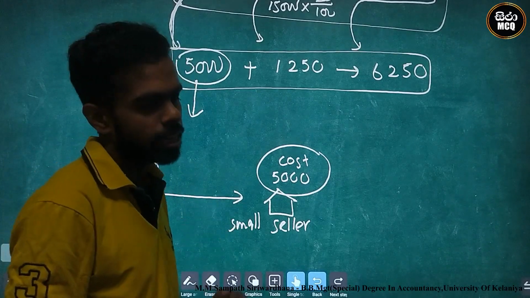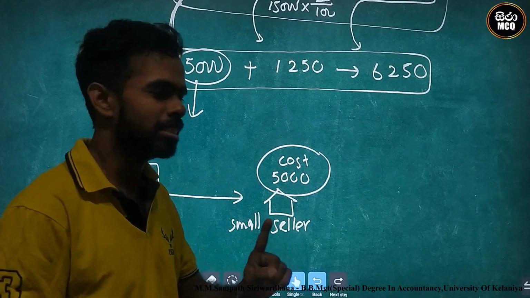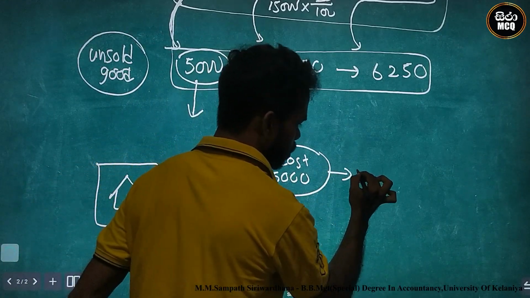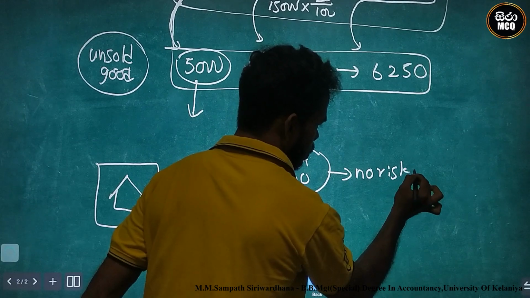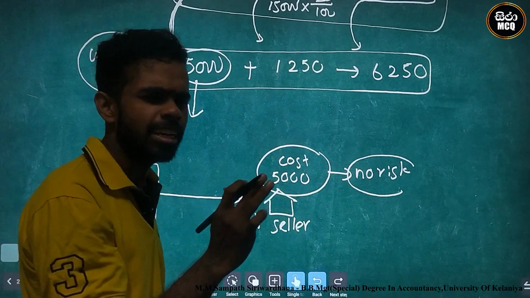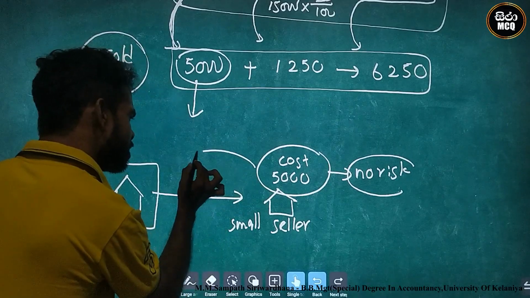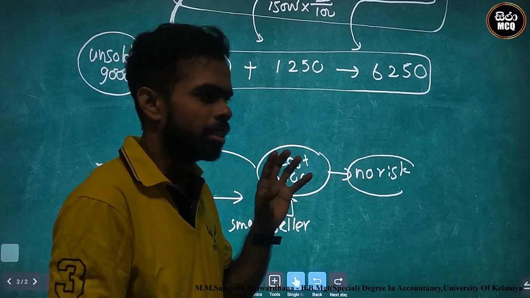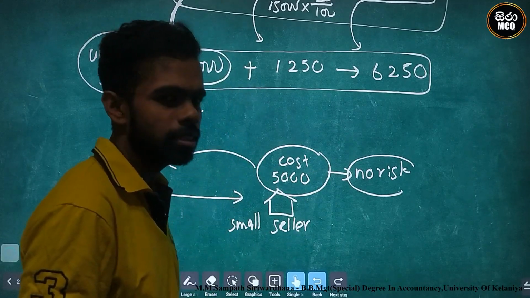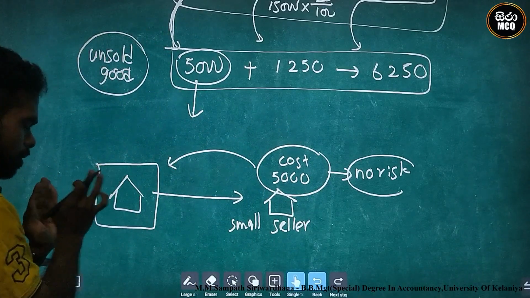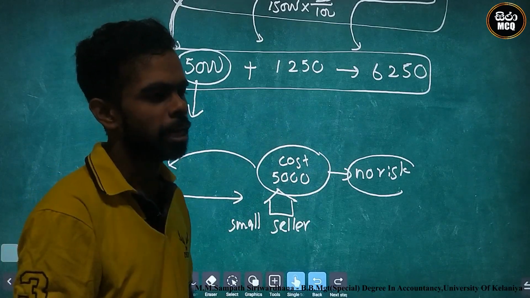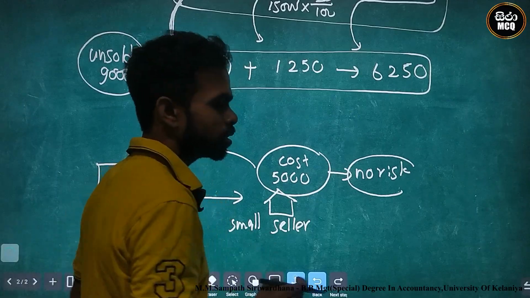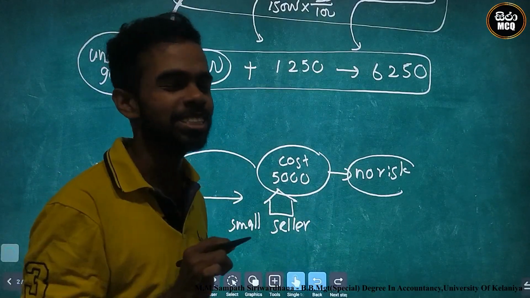The small seller can return them on a sale or return basis. There is no risk to the small seller, but there is a risk to our business. Therefore, we must identify these remaining stocks as our closing stock.